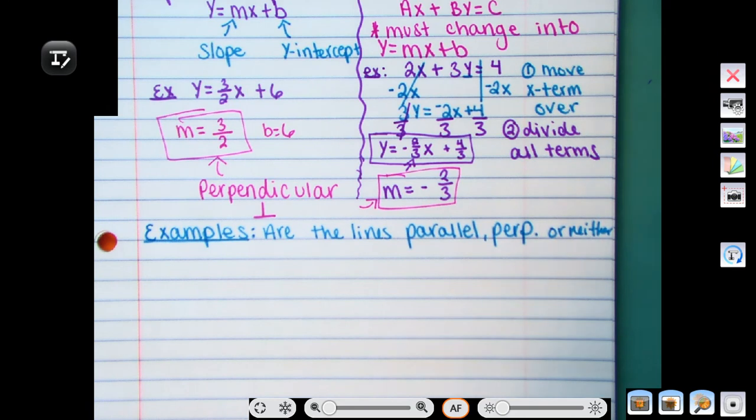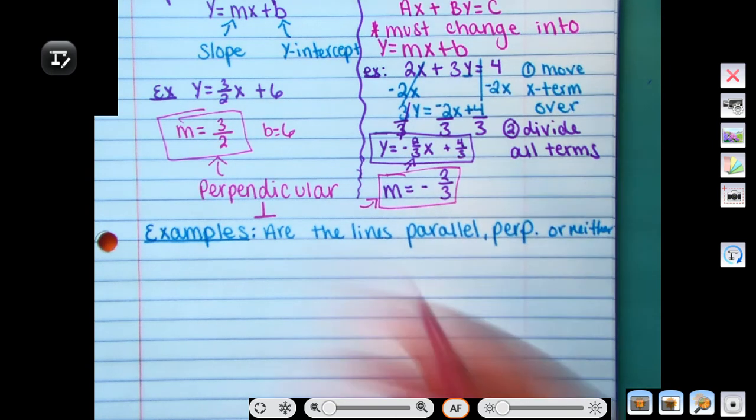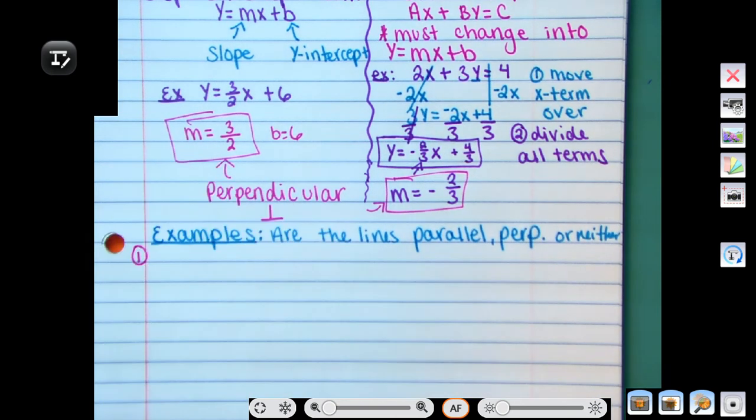Let's start with an easy one, and then we'll work our way up. An easy one would just be if my equations are already in slope-intercept form. Then I can simply identify the slope and go from there.